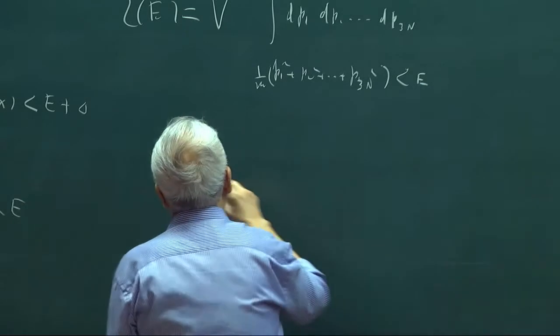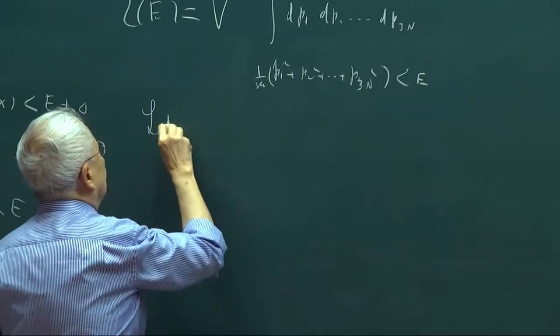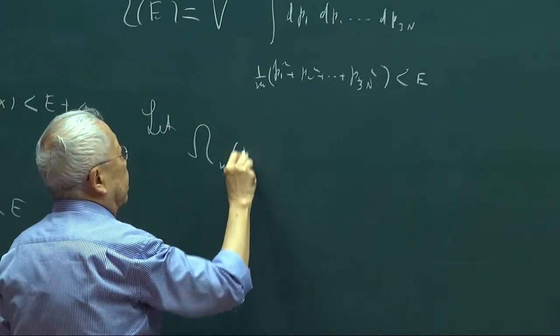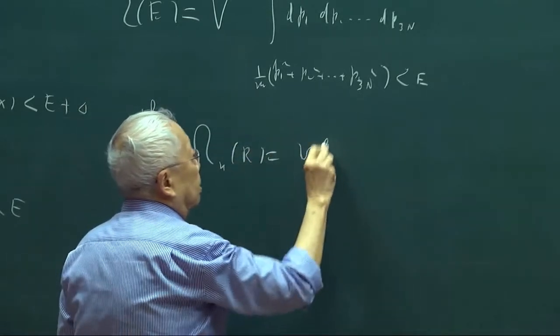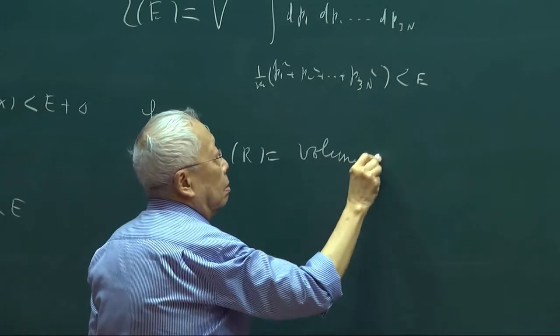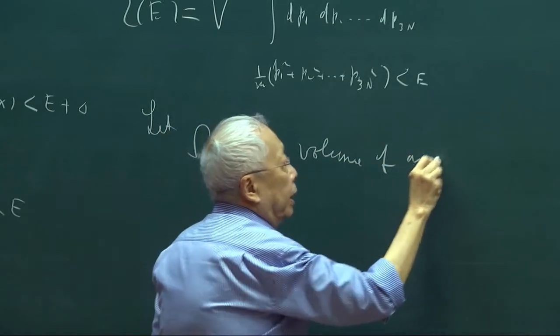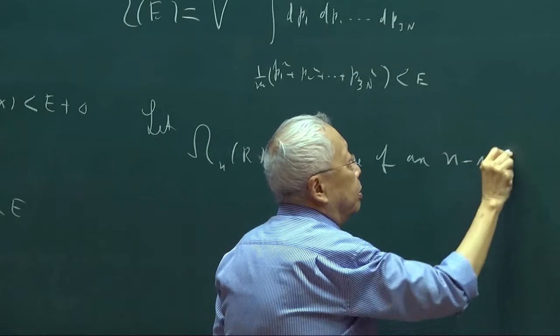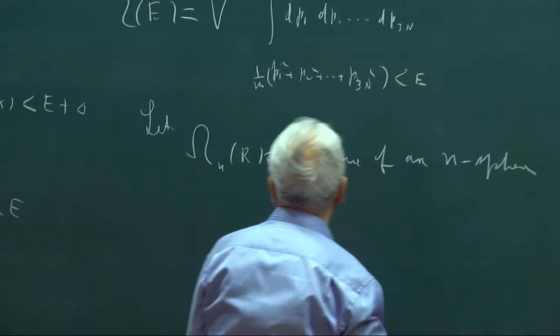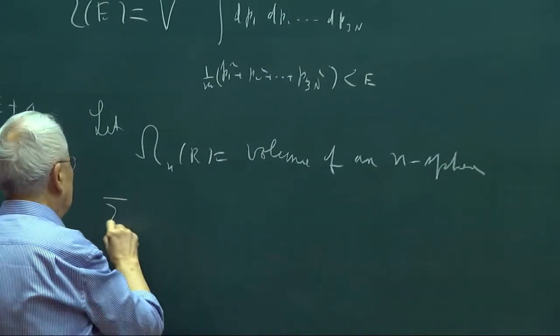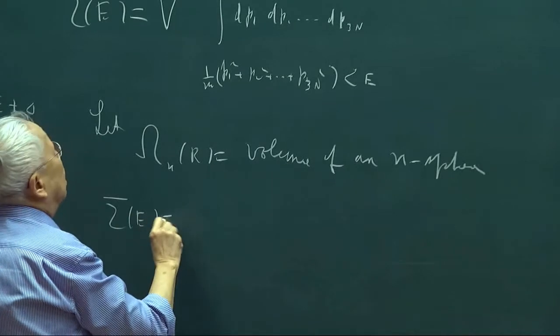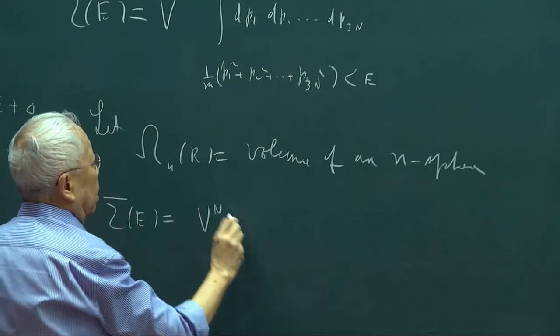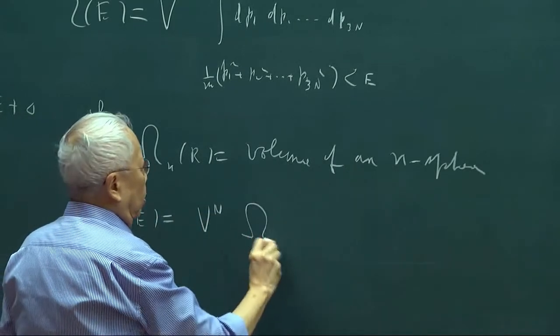If I let Omega_n(r) be the volume of a sphere in n dimensions, then sigma of E is just equal to V to the N times Omega.